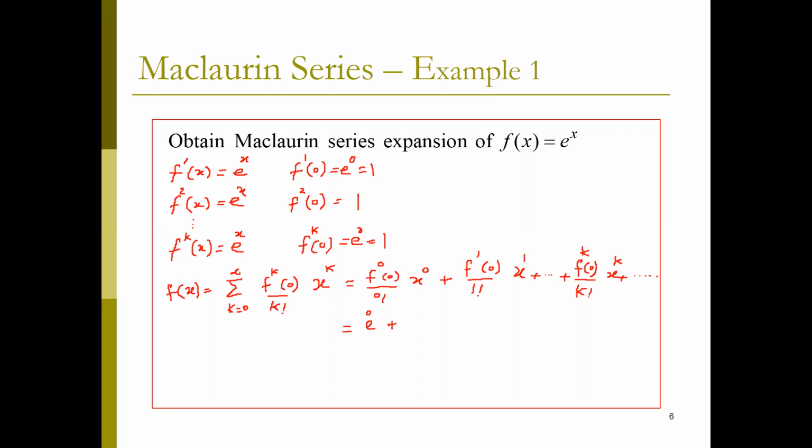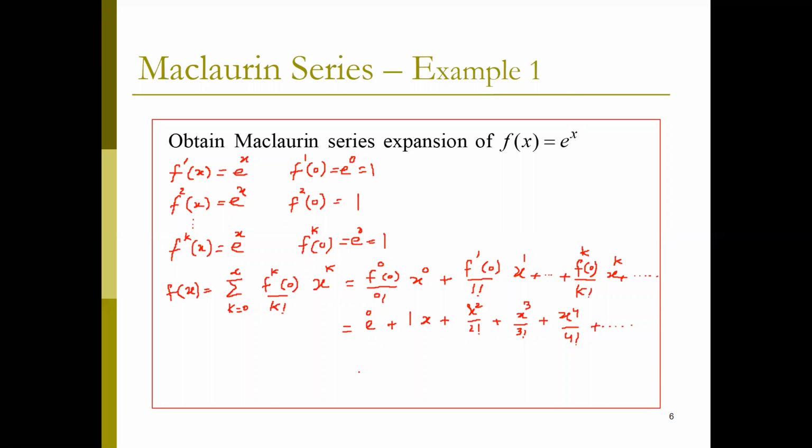f'(0) is 1, so 1 upon 1 factorial is 1, and we get x, plus the next term, 1 upon 2 factorial times x square, that is x square upon 2 factorial, plus so on, x cube upon 3 factorial, x to the power 4 upon 4 factorial, and so on.